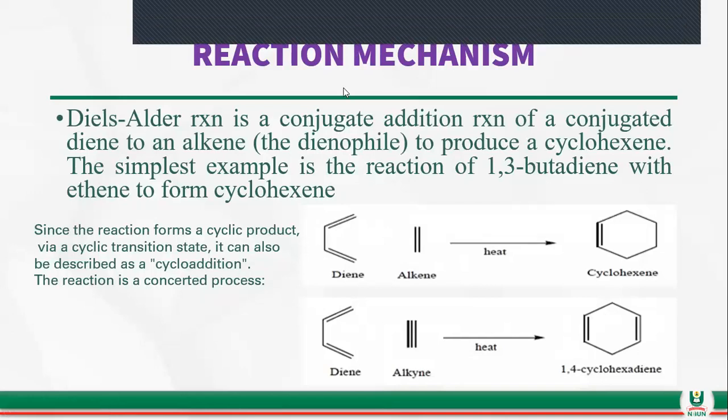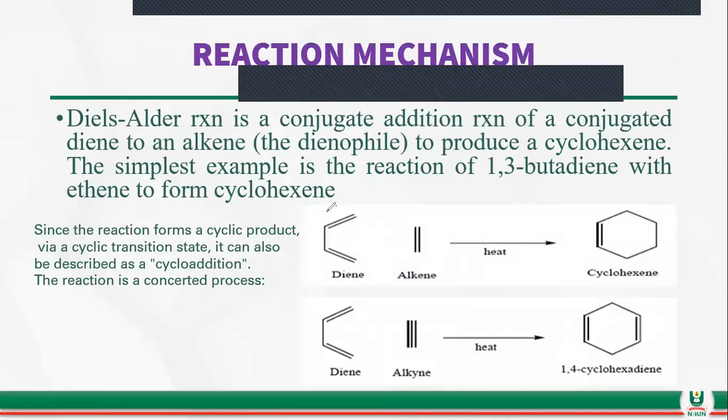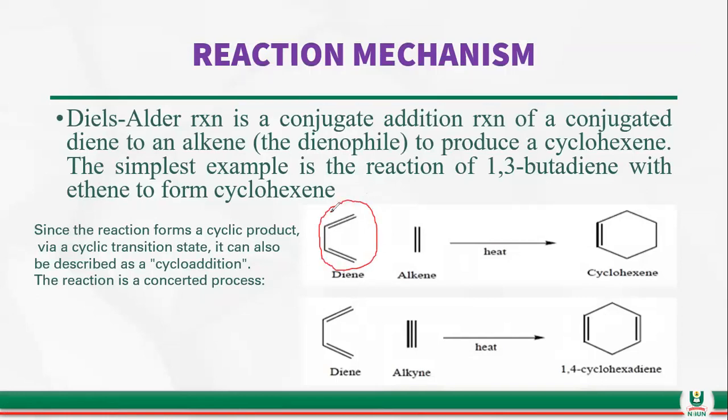Here you have the starting materials, but here now you have added a new sigma bond that closed up this face, and a new sigma bond that closed up this face. If you look at the whole of the two before, they are made up of three pi bonds. But if you look at the product now, you have only one pi bond. That means two pi bonds have disappeared.